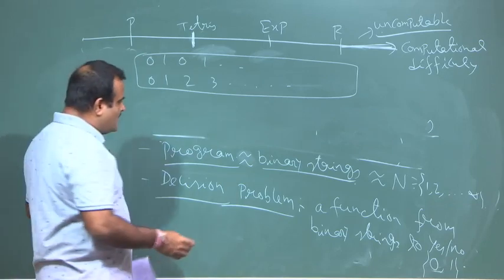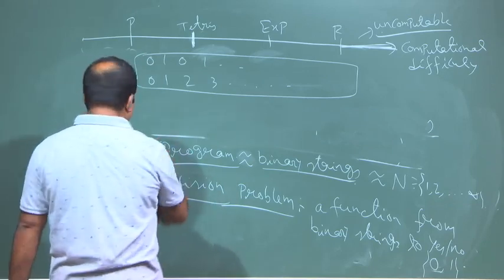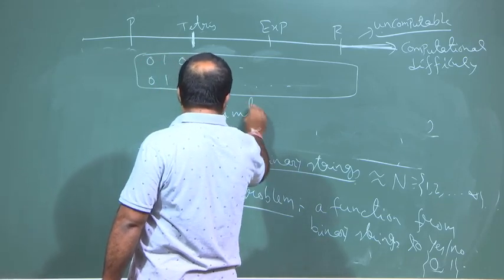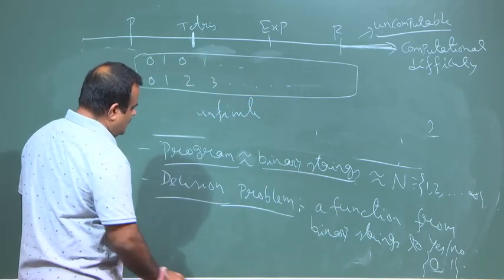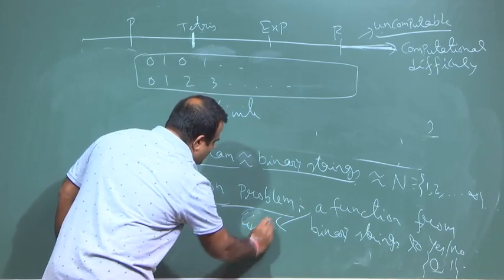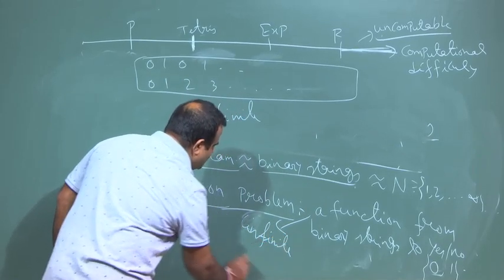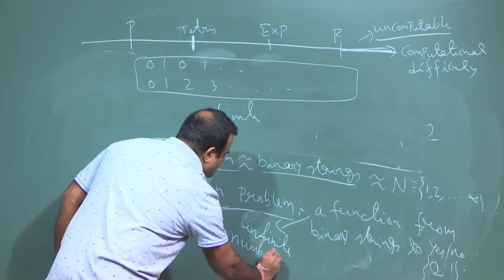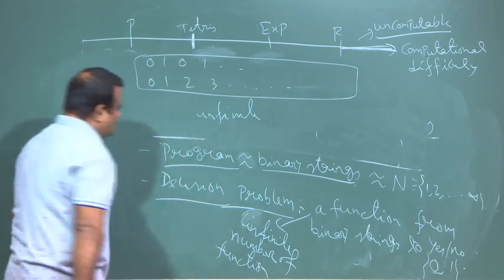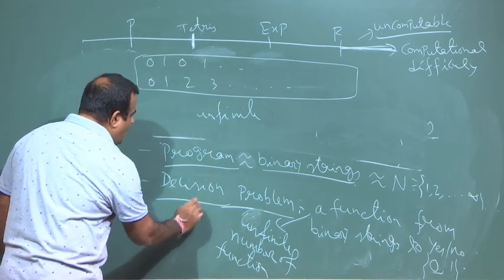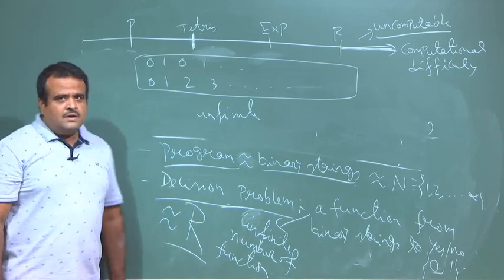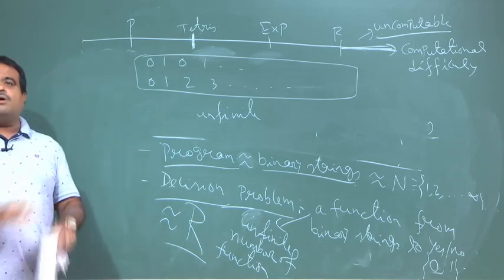So there are an infinite number of bits; the size is infinite. So the number of such functions is infinite, uncountable. This is basically the set R, the set of all possible real numbers.